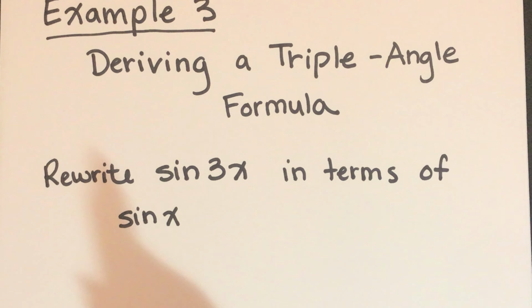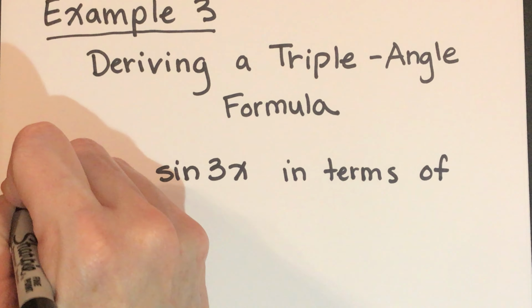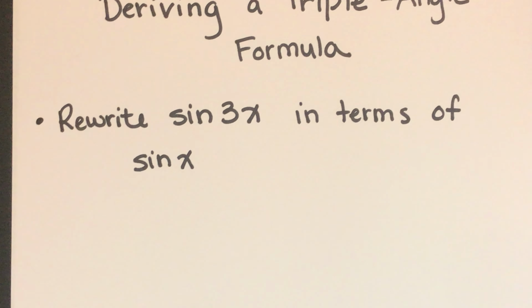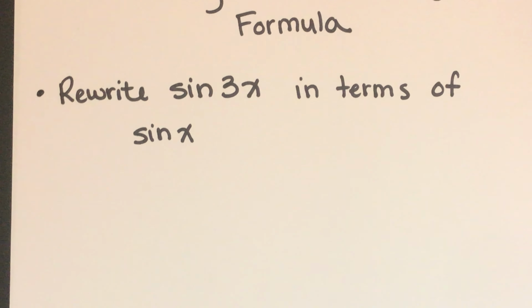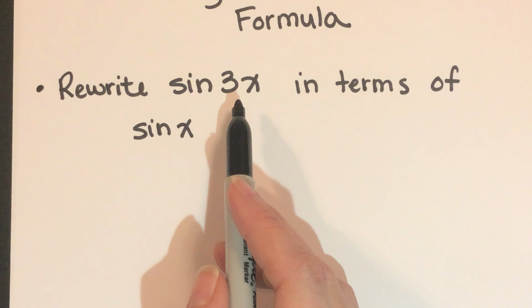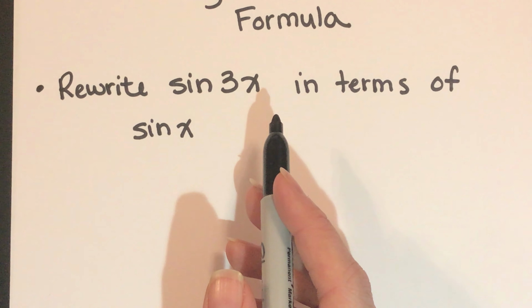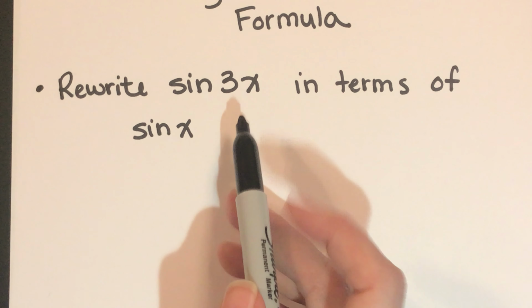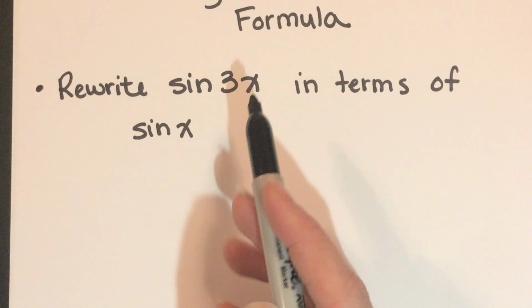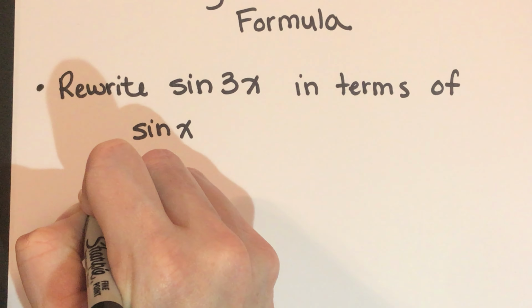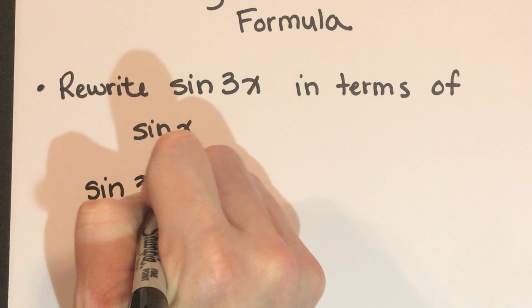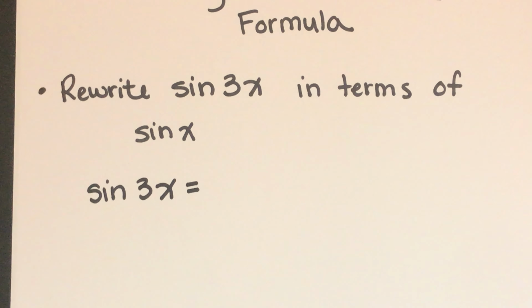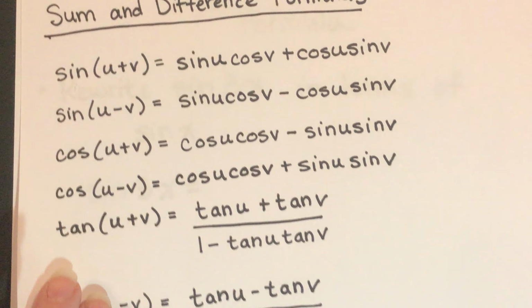Okay? So here's our problem. We're going to try to come up with a formula for sine 3x. So we can start by breaking up sine 3x using our sum formula from last week. Do you remember these formulas from last week?